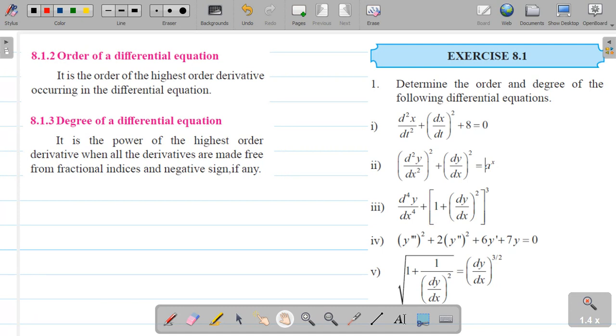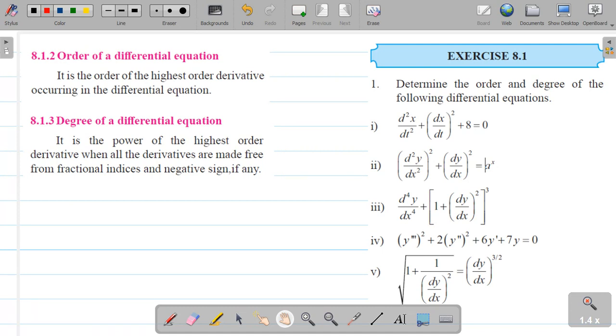If it is not so, then you have to convert it into a regular form, so that you get the power of the highest order derivative, and that will be the degree of the differential equation.